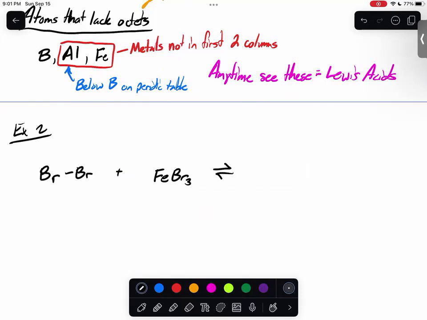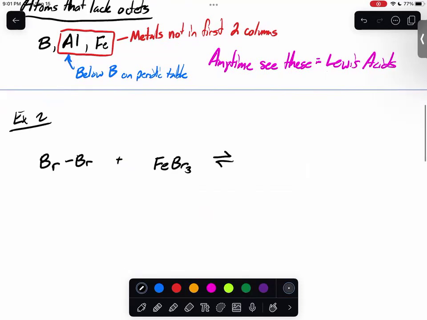In this case, looking at this set of reactants and looking at the iron, we know that this thing is just like boron, right? It's actually unhappy and it is missing an octet. And so because of that, that tells us that we're going to use this as a Lewis acid.